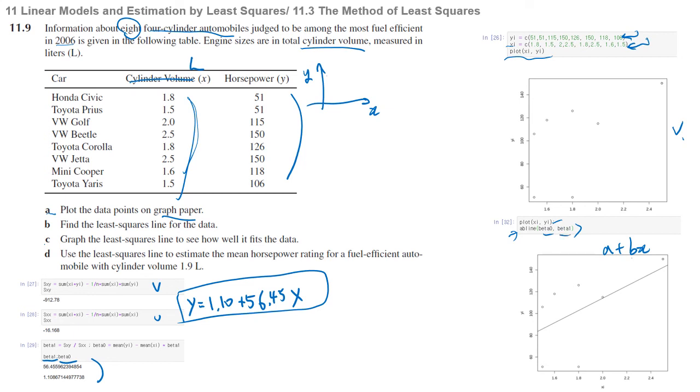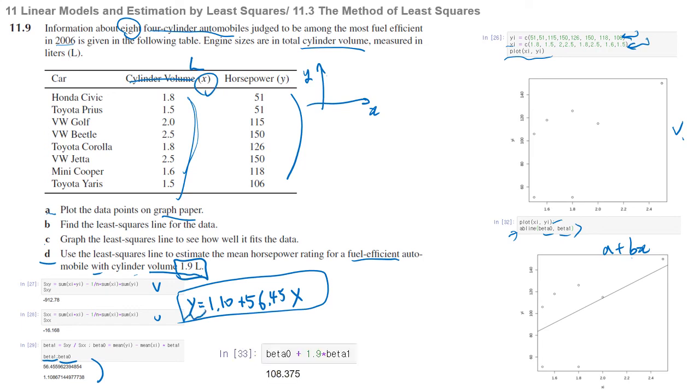And let's move on to part D. Use the least squares line to estimate the mean horsepower rating for a fuel-efficient automobile with cylinder volume 1.9 liters. So if your input for x is 1.9 liters, what would be your y?